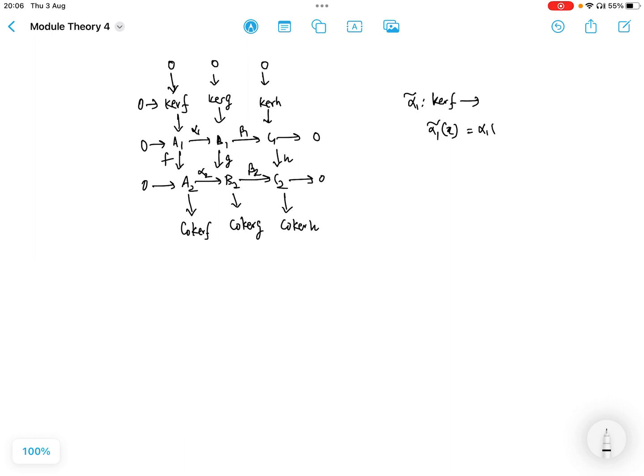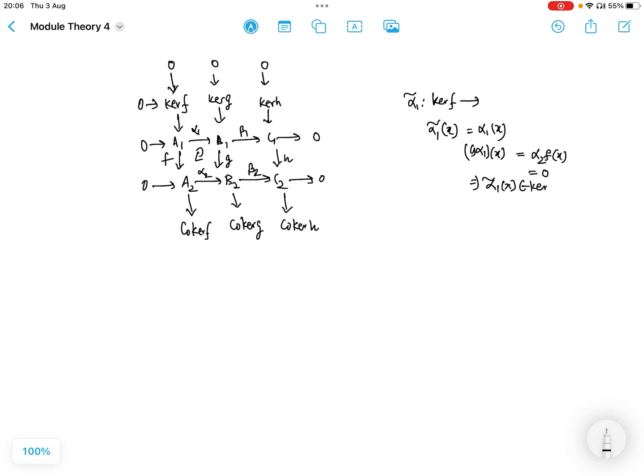But that is the same as alpha 1 x, right? And then if you apply g to it, we'll get g alpha 1 of x, right? And then because this diagram is commutative, that is the same as if you apply f first and then alpha 2. Right? But x is coming from the kernel of f, so this will give you 0. And then you get that alpha 1 tilde of x is in the kernel of g, right?